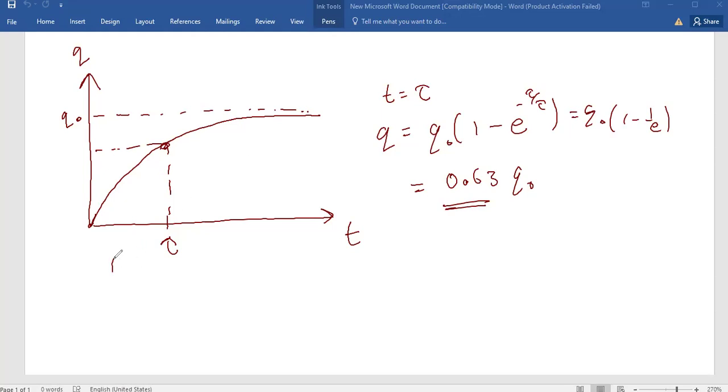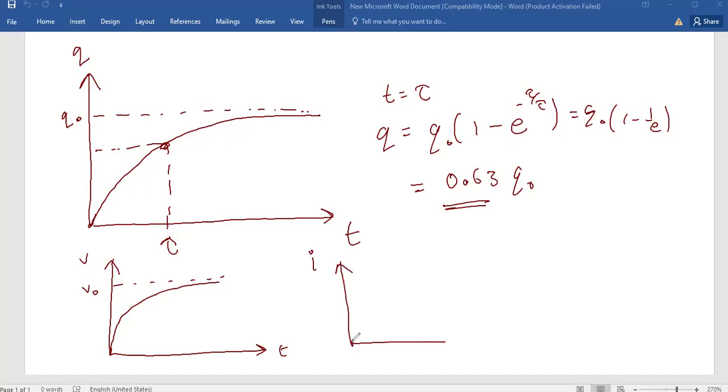Similarly, if we look into the voltage graph during charging of a capacitor, it will bear the same resemblance. This graph will also be the same because it is increasing. And the current, since it decreases exponentially, will be like this.